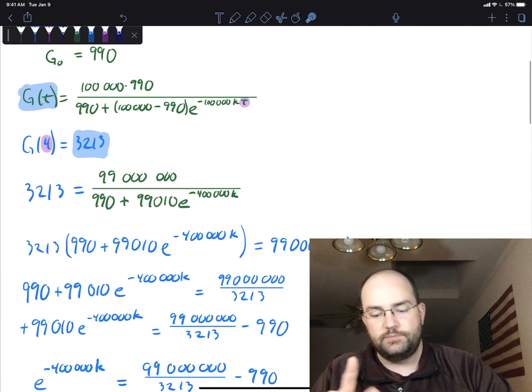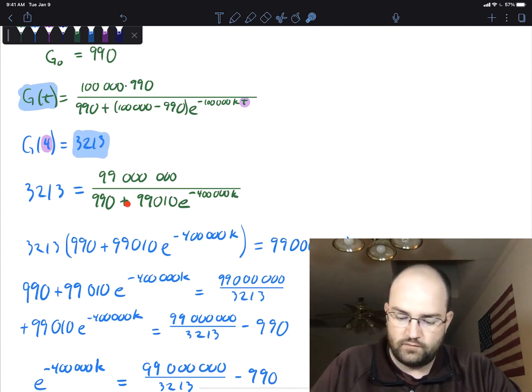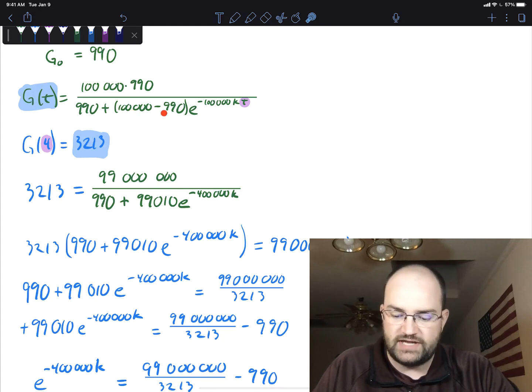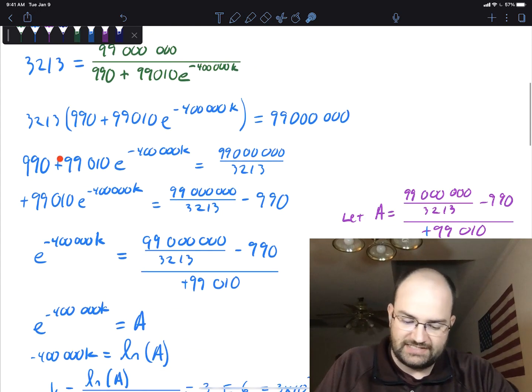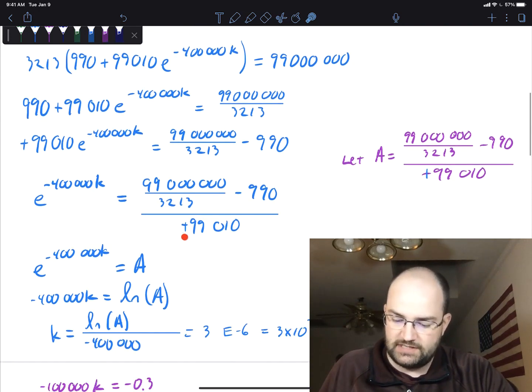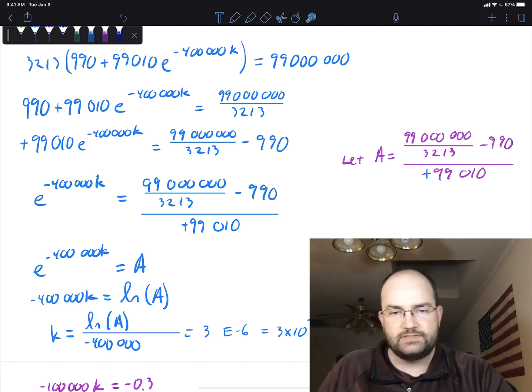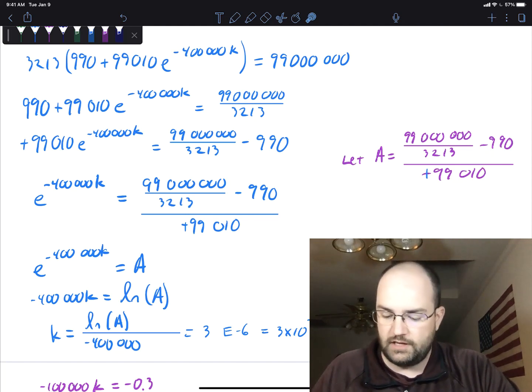Now, the mistake that I made was that this plus should have remained plus the entire time. 100,000 minus 990 is a positive, not a negative. So I screwed up there with making that a negative. So that's a positive, which means that's a positive, which means that stayed a positive, which means that this down here was a positive. So the entire thing, that's what you saw in the calculator.